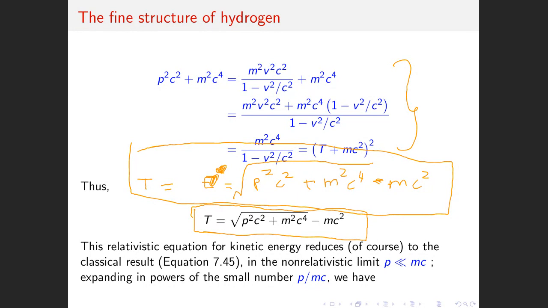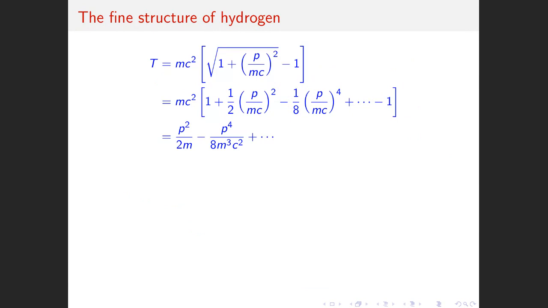The next step will be to do an expansion. T is given by factoring out the mc² part. If you remember, I said T was given by the square root of p²c² plus m²c⁴. Factor out m²c⁴, so you get m²c⁴ times 1 plus p²c² over m²c⁴ inside the square root.